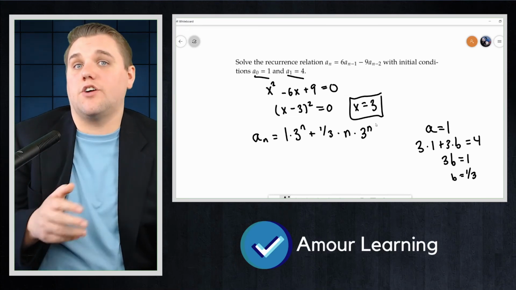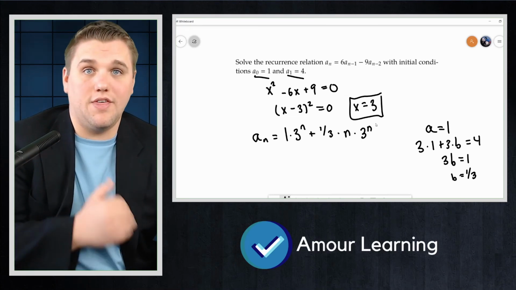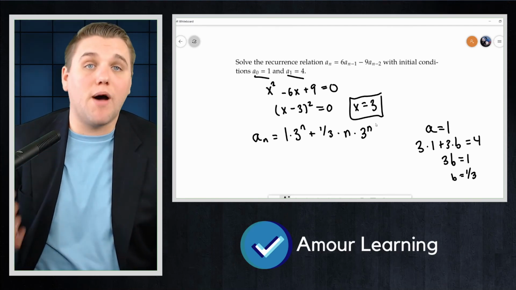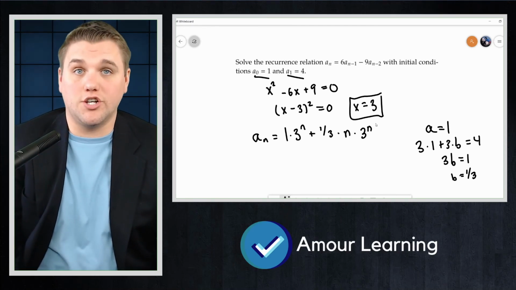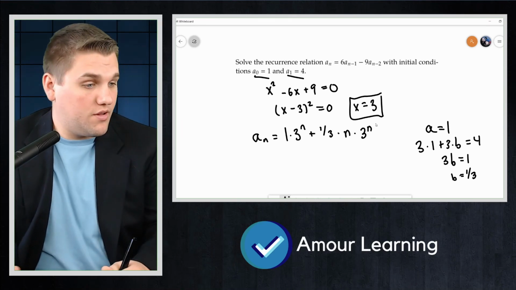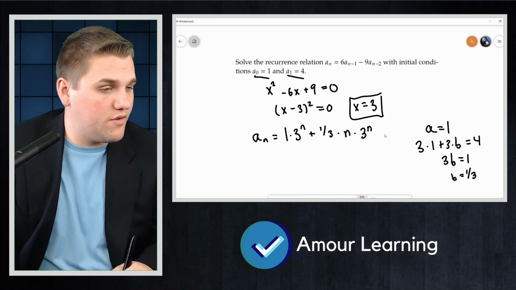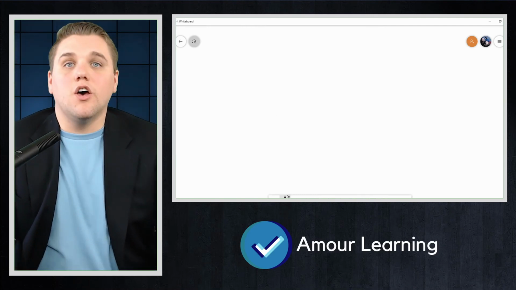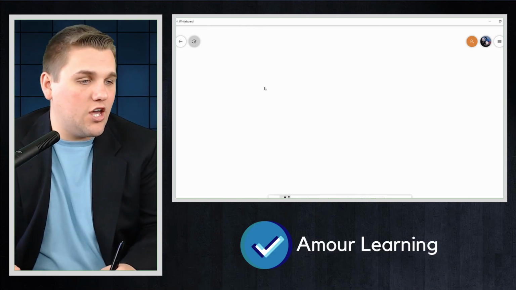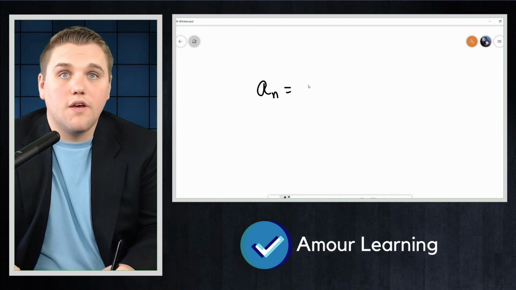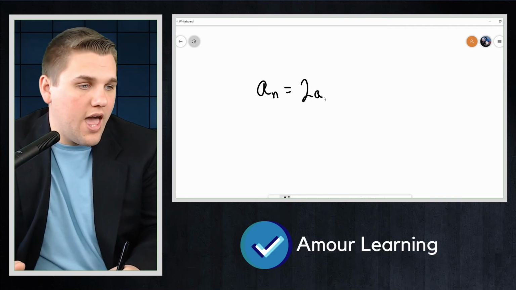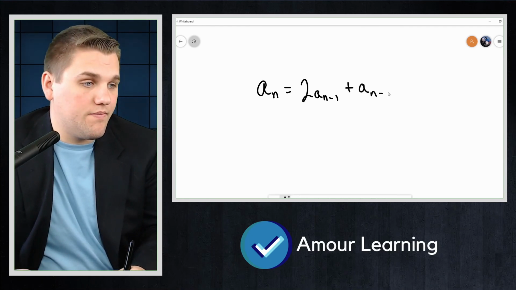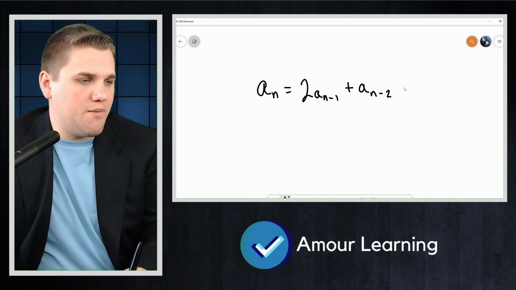Although we will not consider examples more complicated than these, this characteristic root technique can be applied to much more complicated recurrence relations. For example, let's say we had an equals 2an minus 1 plus an minus 2 minus 3n minus 3.